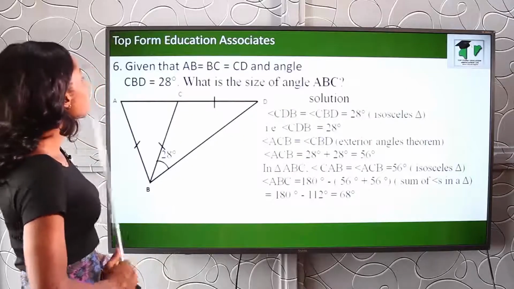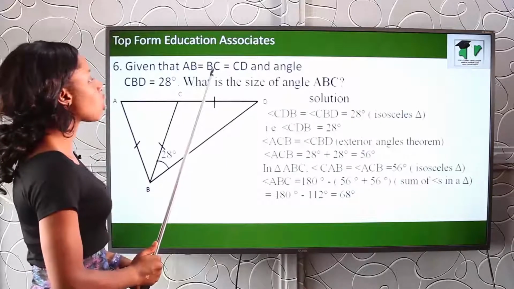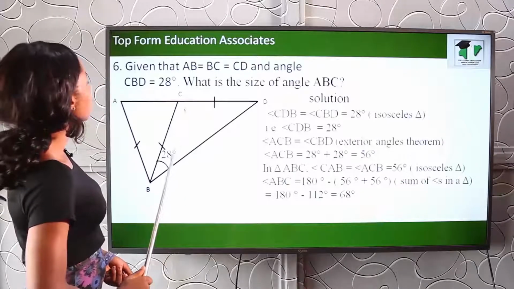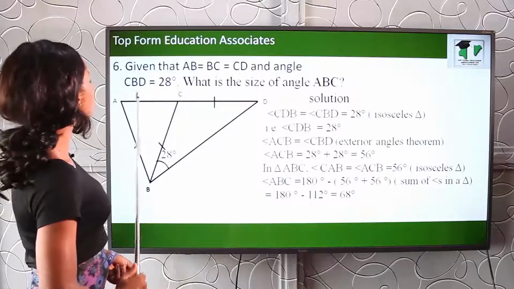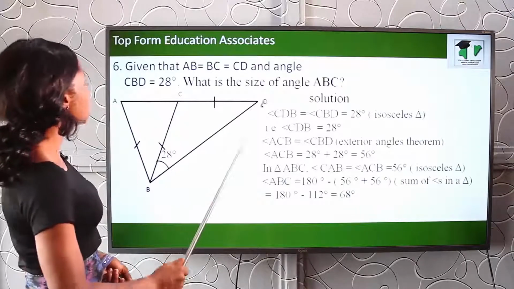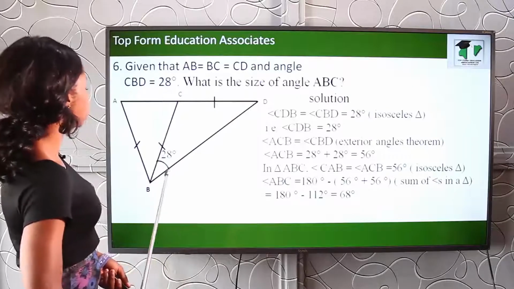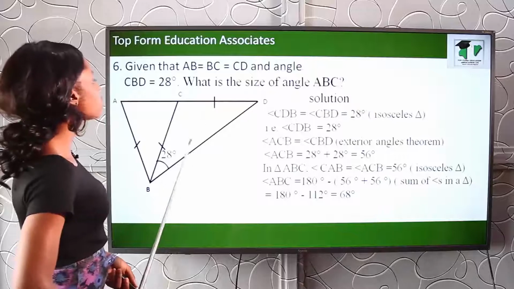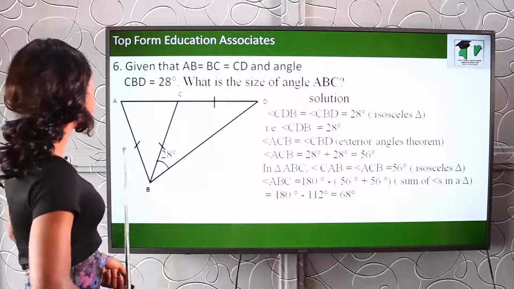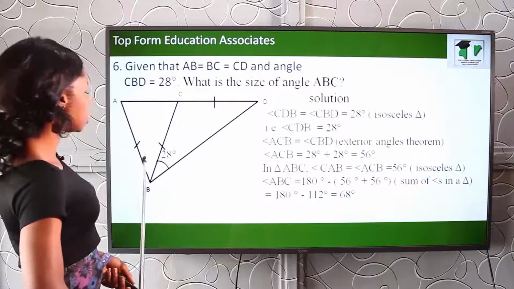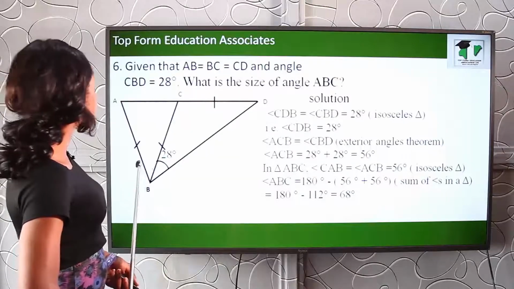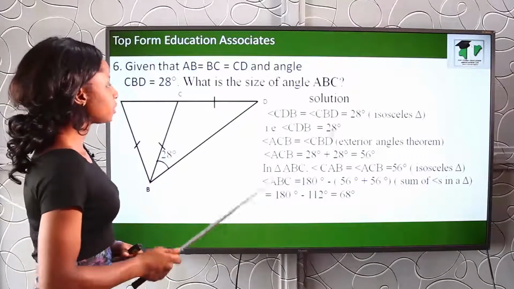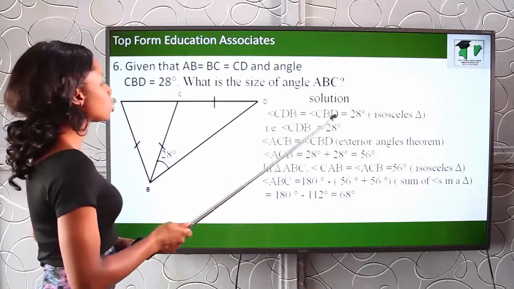Now, example 6. Given that AB is equal to BC, and angle CBD is 28 degrees, we're asked to find the value of angle ABC, that is this angle.